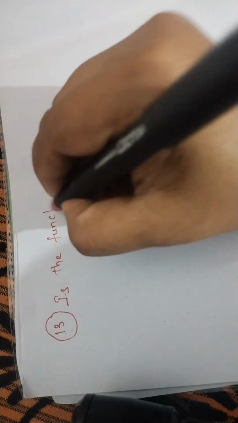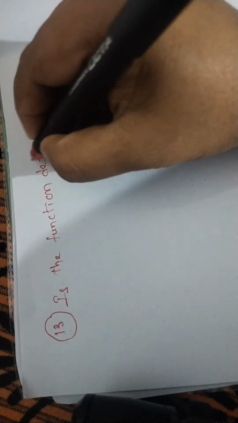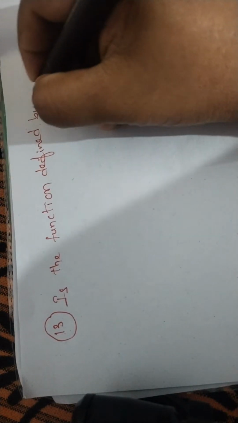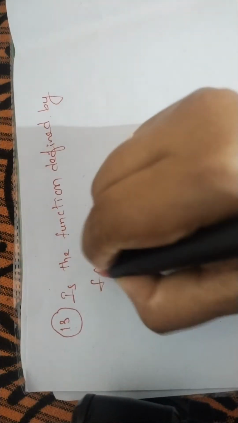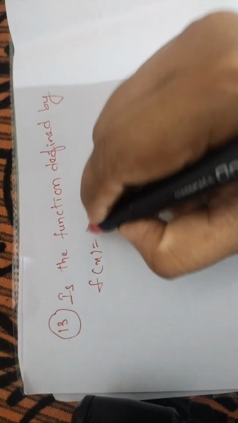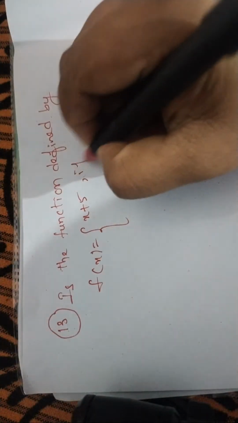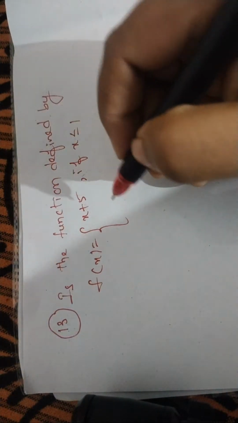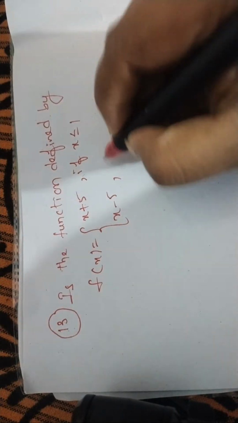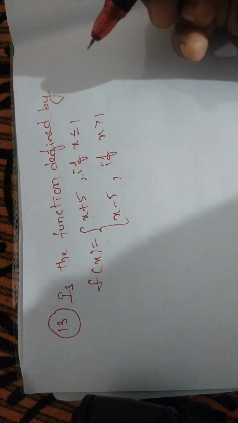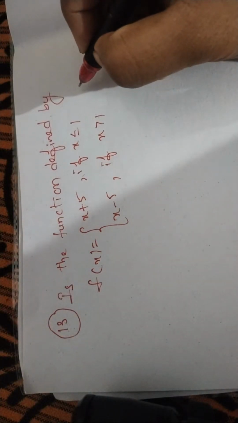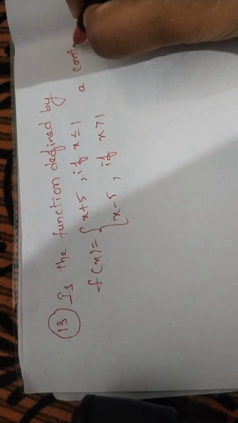Is the function defined by f of x is equals to x plus 5 if x less than or equals to 1, x minus 5 if x greater than 1, a continuous function? They are asking, is it a continuous function or not?